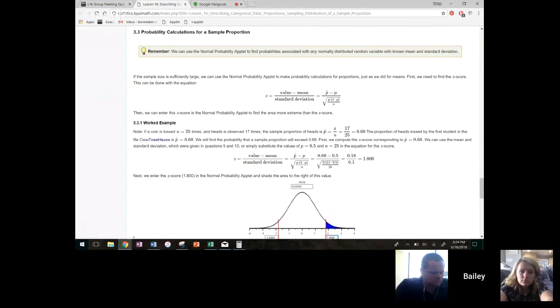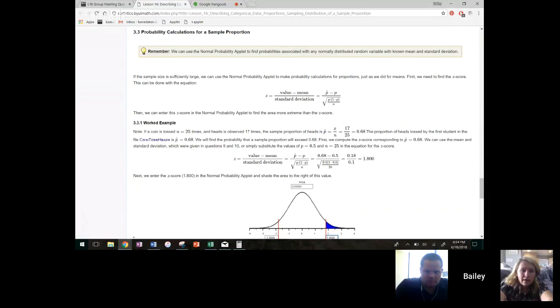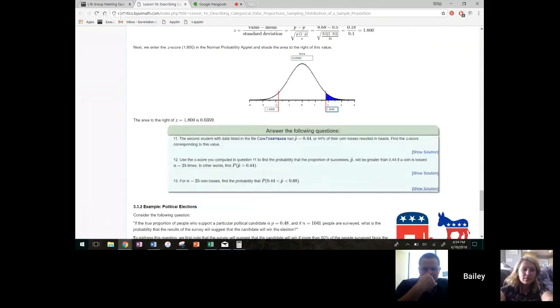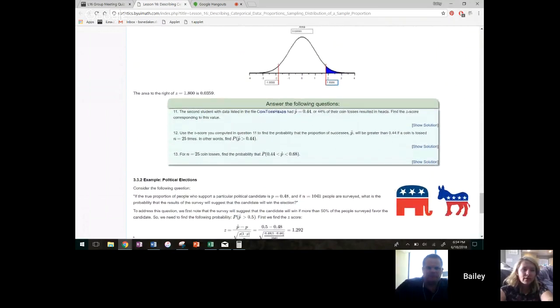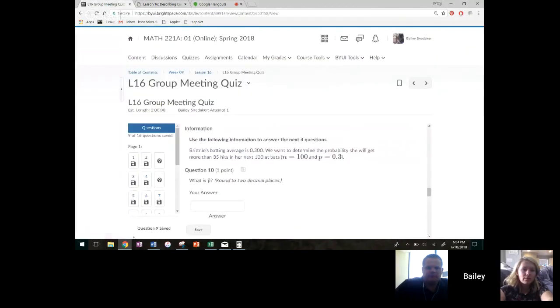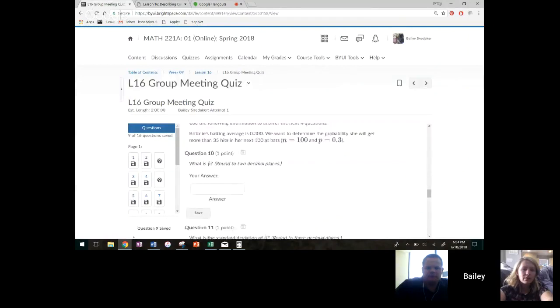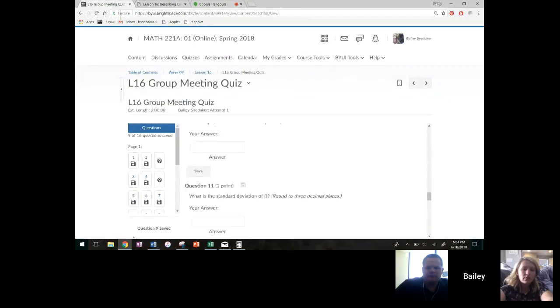It's p hat minus p divided by the standard deviation. Later on in the reading, it shows standard deviation of p hat, and that's what we want. We don't want the z-score. We want standard deviation of p hat for 11. Oh yeah, the next question is asking for the z-score.